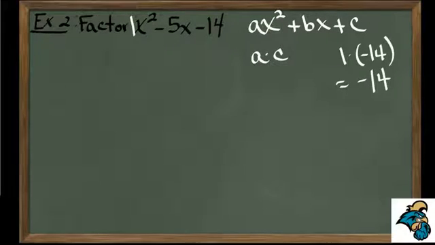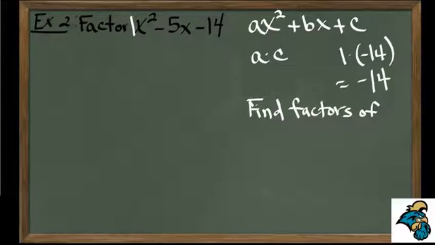For our example, my a is just simply 1. So I'm going to multiply 1 times my c, which is -14. That gives me -14. Next thing I'm going to do is try to find factors of my -14 that add up to my middle term, which is -5.